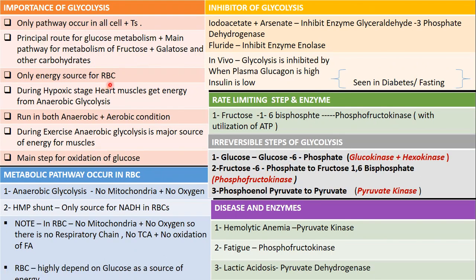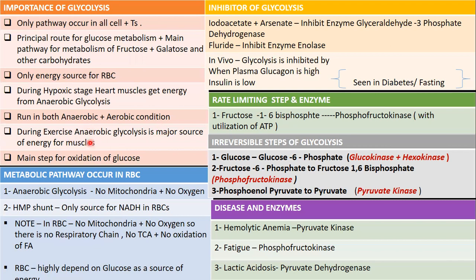Why RBC? Because RBCs do not have mitochondria, so they undergo anaerobic conditions for the production of energy. Then when the person is in a hypoxic state, that means there is a lack of oxygen, our heart muscles get energy by the process known as anaerobic glycolysis. Then glycolysis is the only pathway which works in both anaerobic and aerobic conditions.